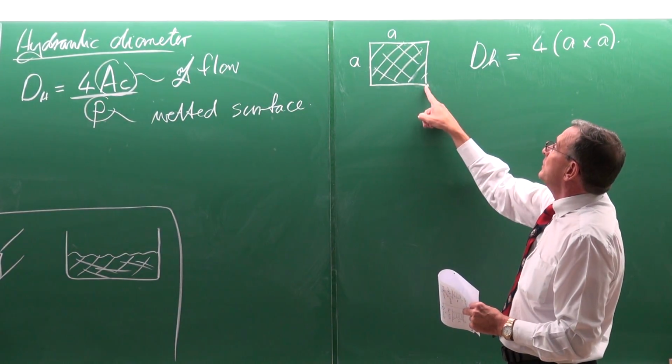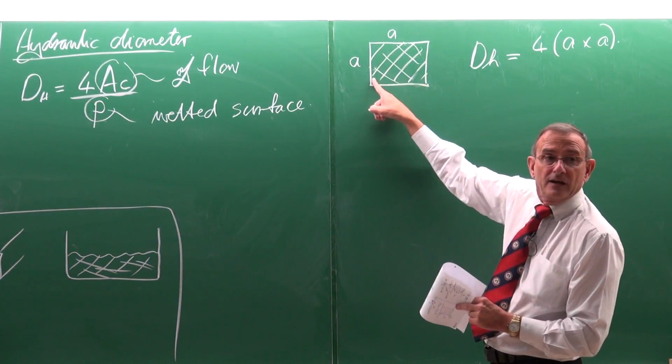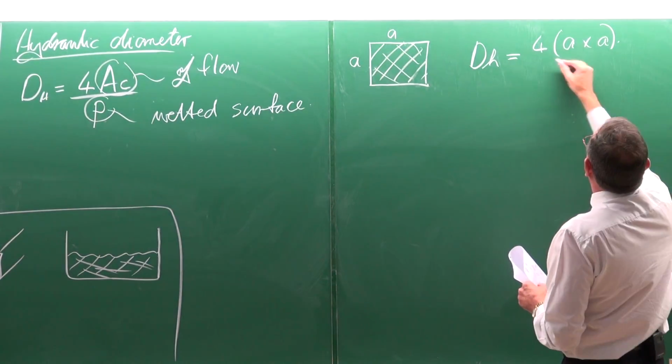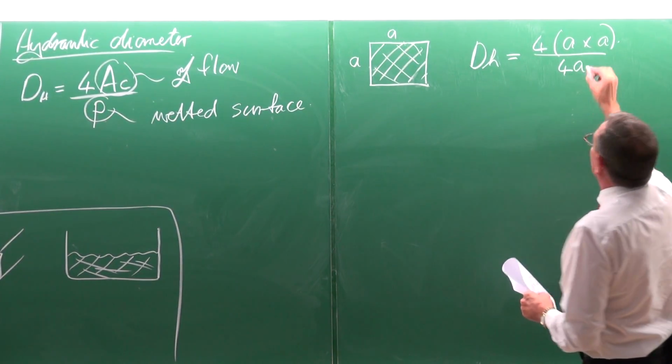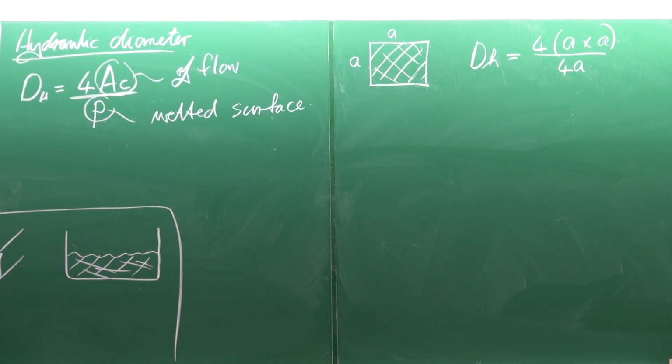This surface is going to be wet, that one, and that one. So it's 4 for A: A plus A plus A plus A, 4 times.